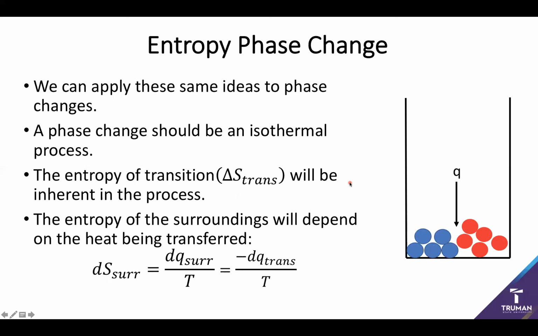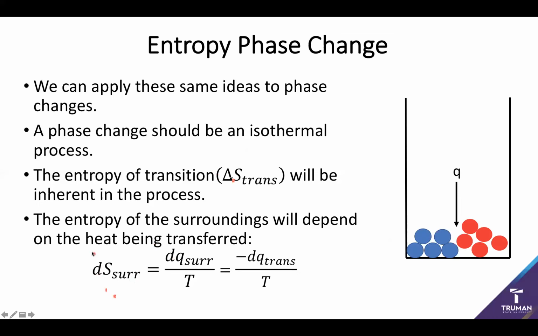This entropy value won't be very variable. However, as we saw previously, we're going to see a lot more flexibility in the entropy of our surroundings. So the entropy of our surroundings is usually what we have to monitor when we're trying to determine whether the process itself is favorable, because while this value is relatively fixed, this one can have a number of forms.